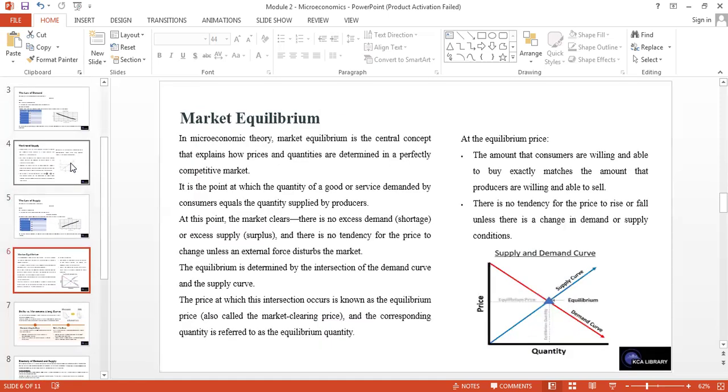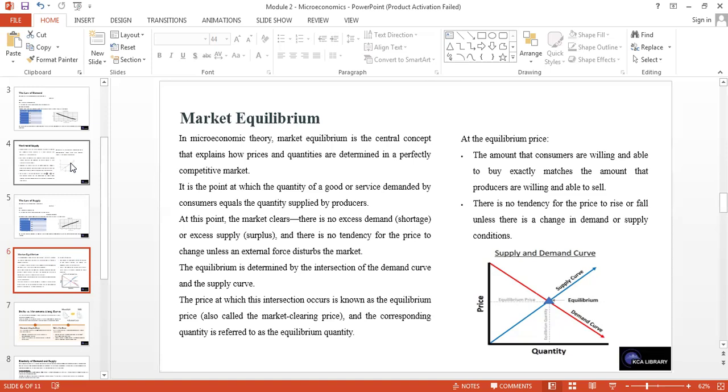We also have what is called market equilibrium, and this is actually the point where the demand and supply curves meet. It is a central concept that explains how price and quantity are determined in a perfectly competitive market.